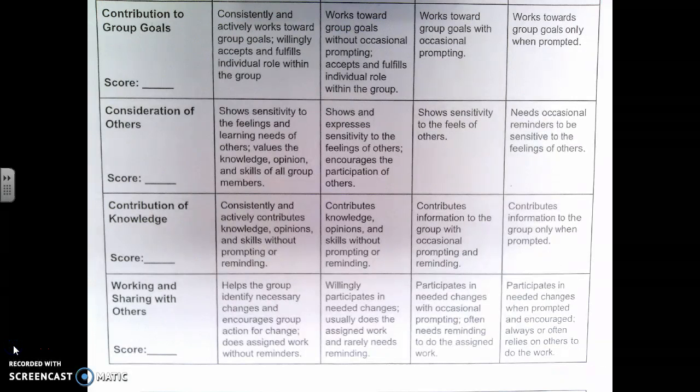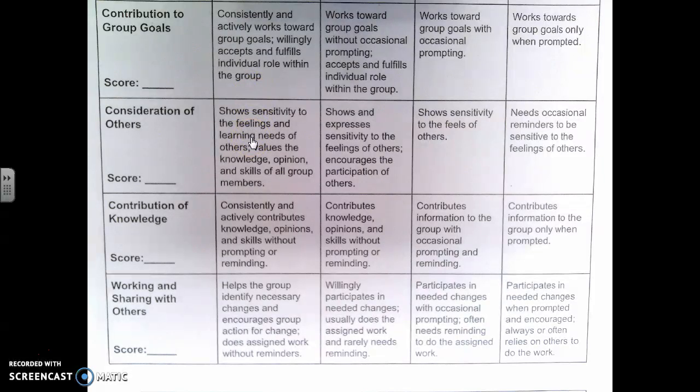In addition to the 45 points that you'll be scored on, you will be scoring yourself as well as the rest of your team members, and I will be taking an average of that score. Here are the categories: contribution to group goals, consideration of others, contribution of knowledge, working and sharing with others. Contribution to group goals. You're consistently and actively working towards group goals, willingly accepts and fulfills individual role within the group.